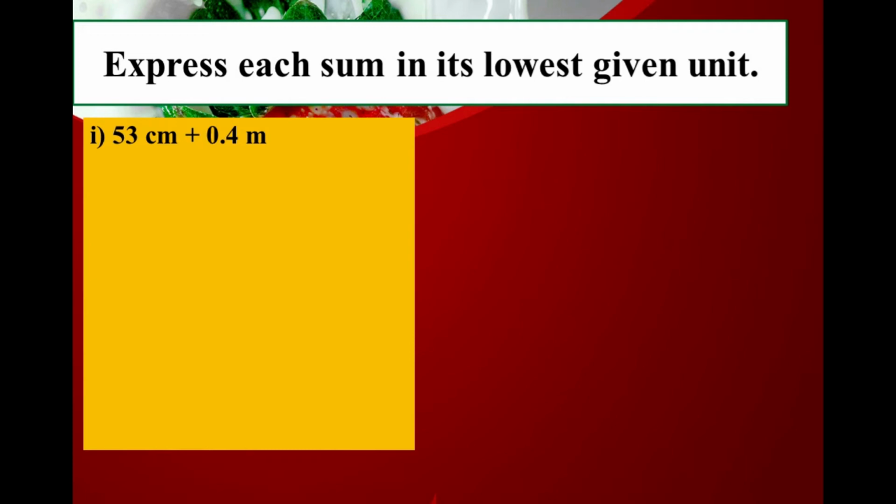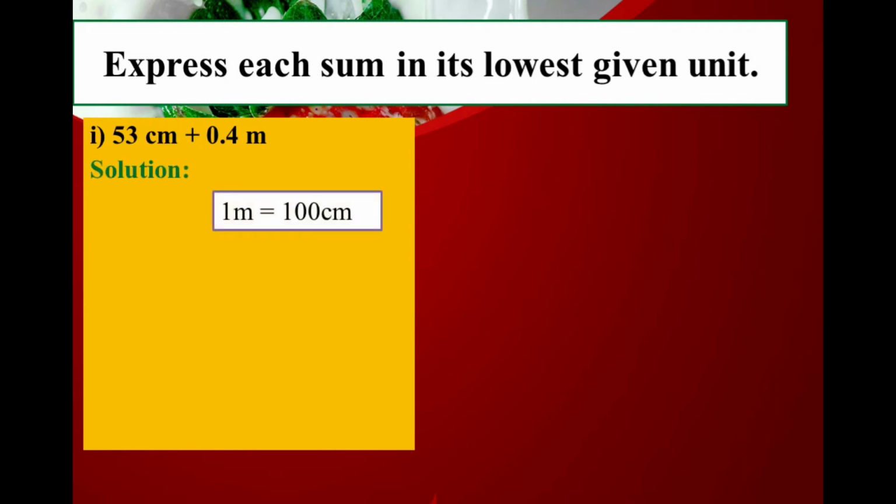So you have to multiply by 10 into 10. On doing so, we get 1 meter equals 100 centimeter. Now we have to convert meter to centimeter. Here they are in different units, so we cannot add the numbers, and also they asked us to convert to the lowest unit.